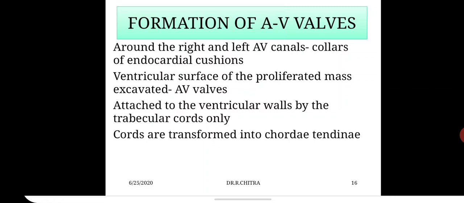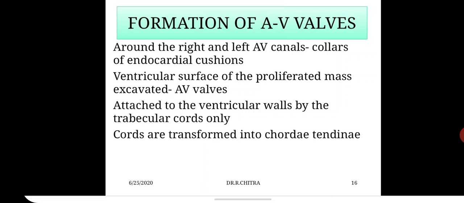These cords will be converted into chordae tendineae and papillary muscles. Like this, three leaflets are developed around the right atrioventricular canal and two leaflets around the left atrioventricular canal.